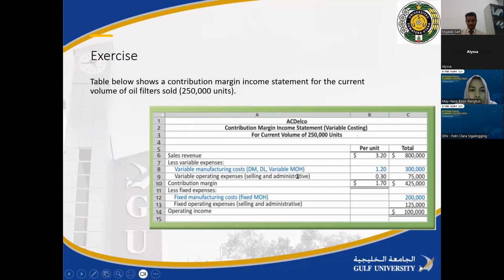For the second one, for only this order, we do not need to pay any cost related to selling and administrative, because we will only produce the units and give them to the customer, right? So regarding the variable cost, we will pay only for the manufacturing cost. For the second one, we will not pay because this customer will sell this product in his own shop. We just produce and give it, right?